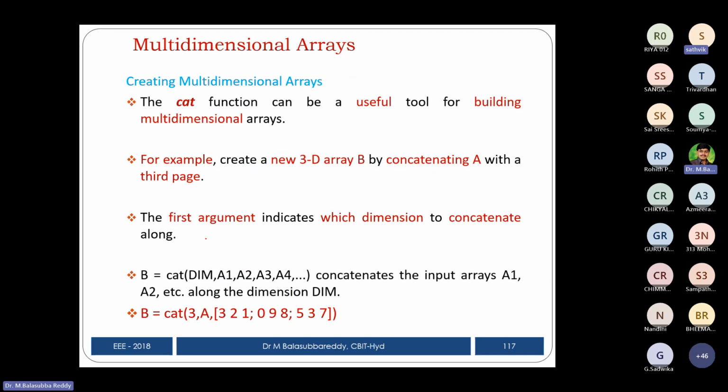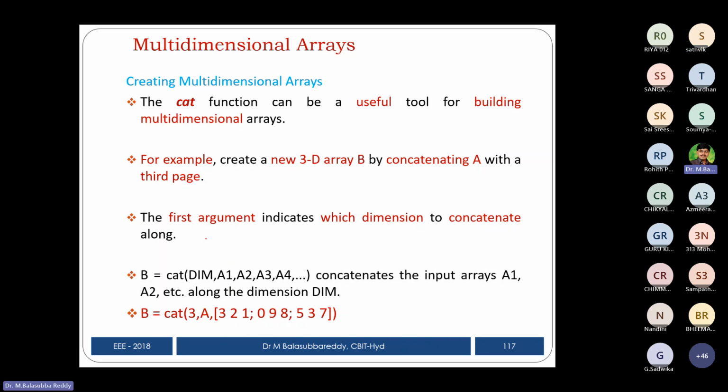Now, there is another possible option, the cat function. That will build the multi-dimensional array as well. Suppose in a three-dimensional array, we want to make another matrix B with the third page of A, or you can say I want to create one B matrix.